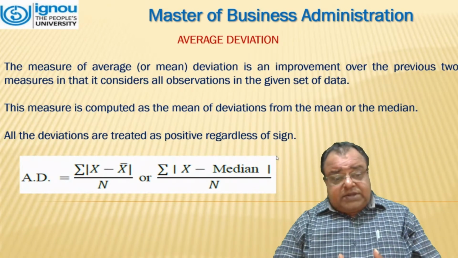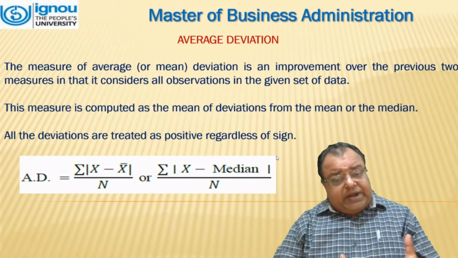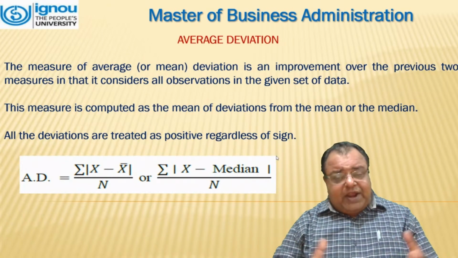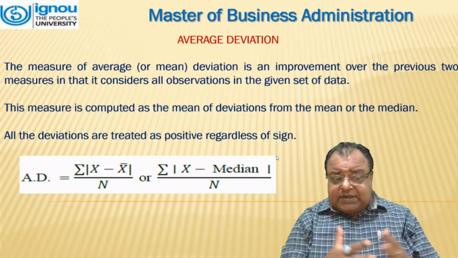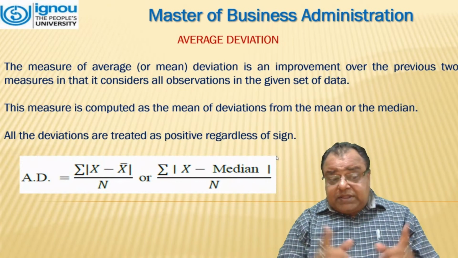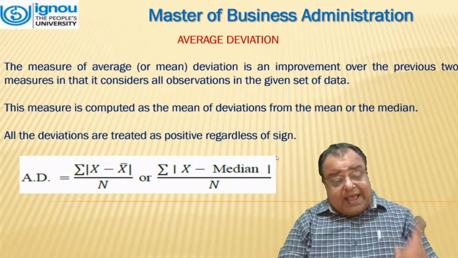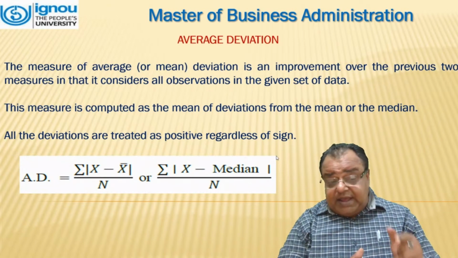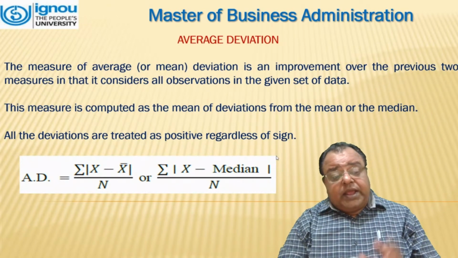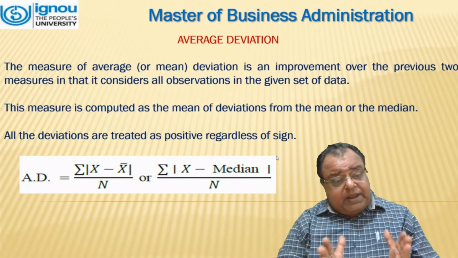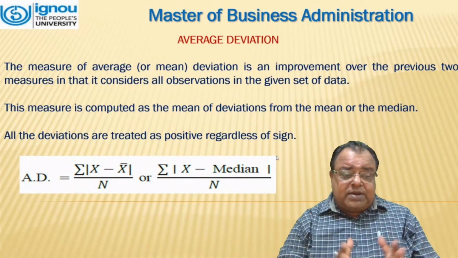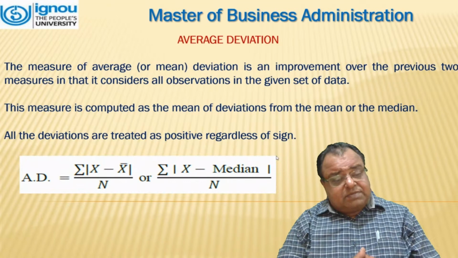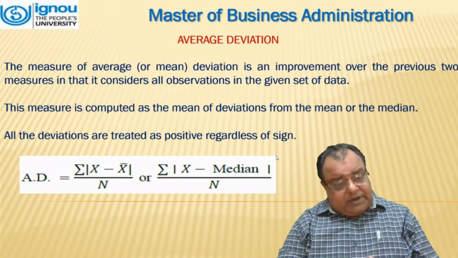Here, the deviations are treated as positive regardless of their sign. That means we are summing up the modulus of the difference between x and x bar, where x bar is the mean. If we are taking average deviation from the mean, we apply summation of modulus of (x minus x bar) divided by the number of terms.